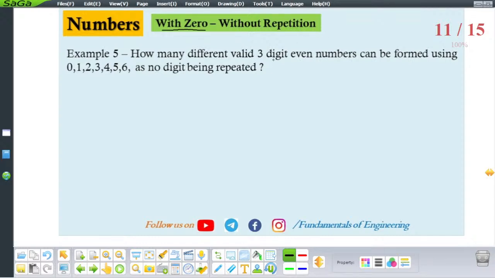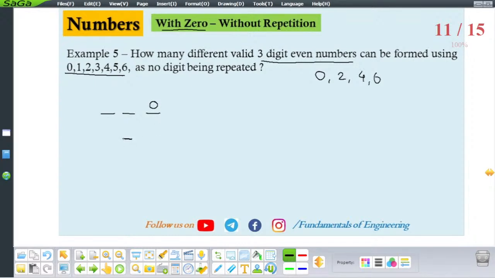Even numbers means the unit digit should be 0, 2, 4 or 6. At the unit digit, these digits will be there. So we have to fix the unit digit for the 3-digit number. There is a possibility that at one number the 0 will be there.